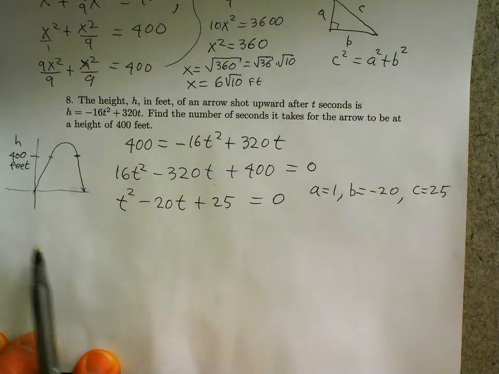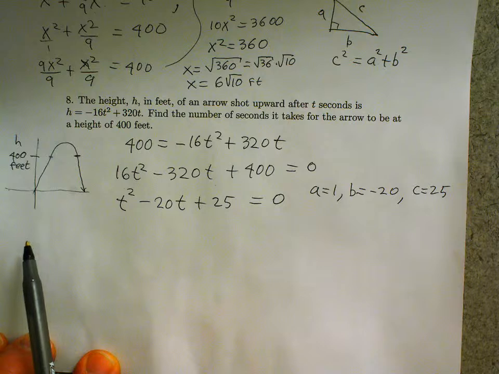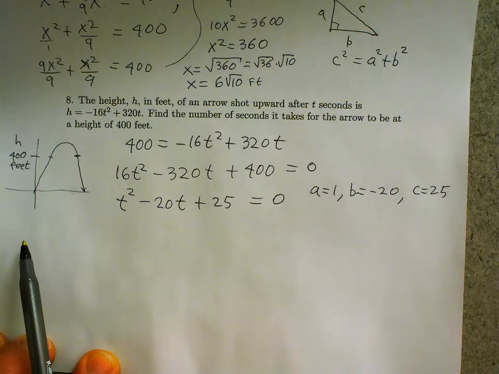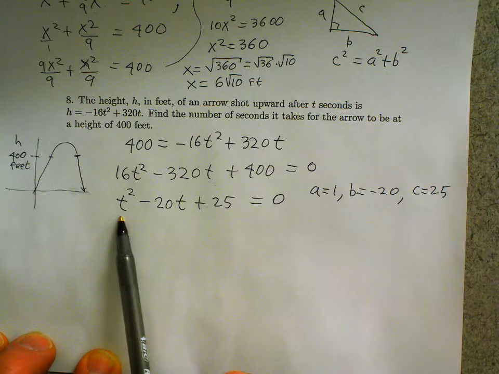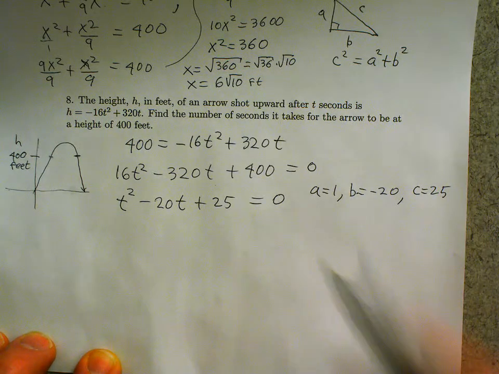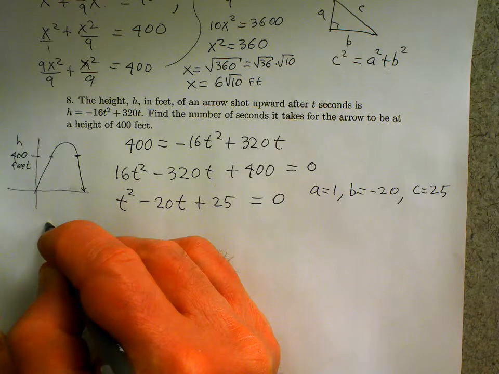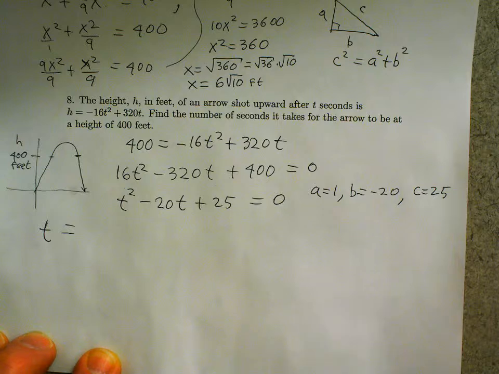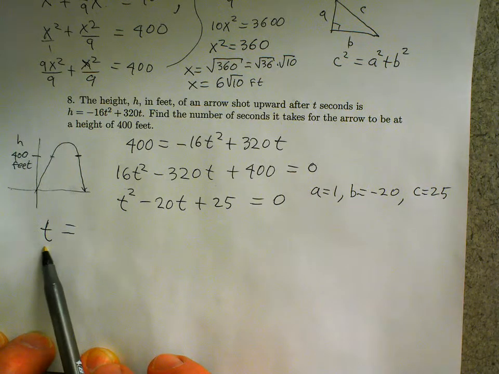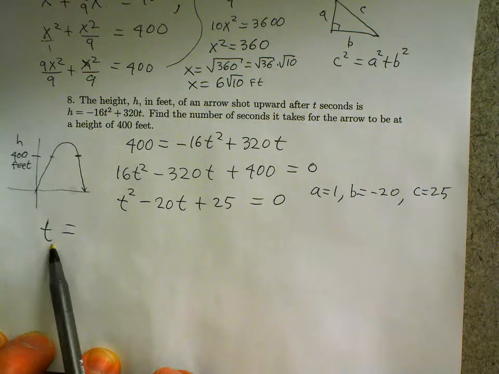Okay, what should I write next? Negative 20. Okay, so that was a trick question. The variable is t. So the very first thing we write is t equals. The t equals is part of the quadratic formula.